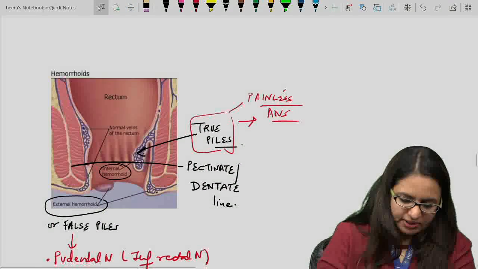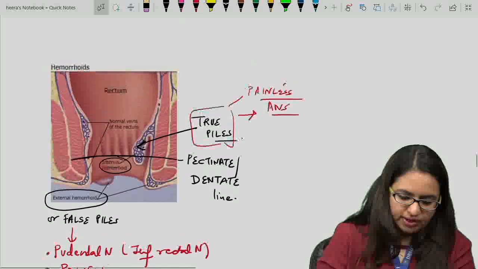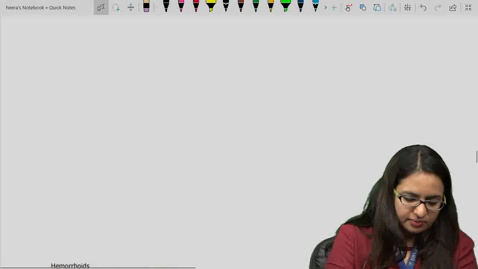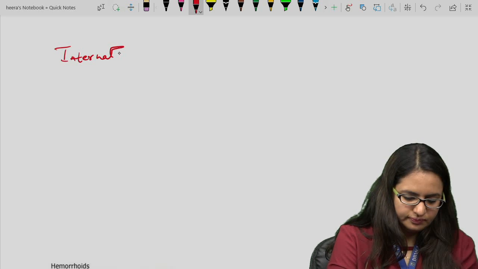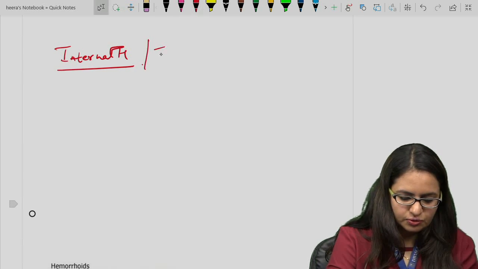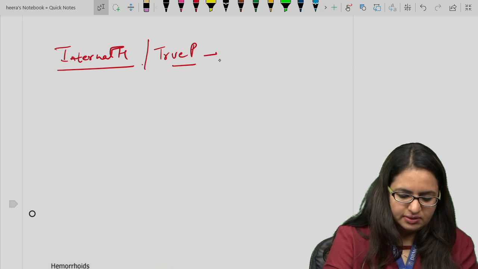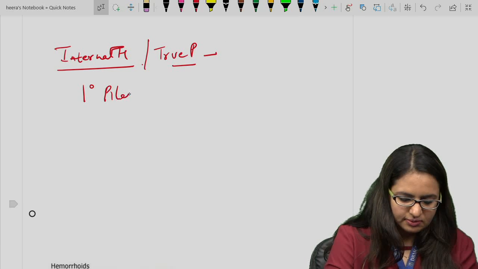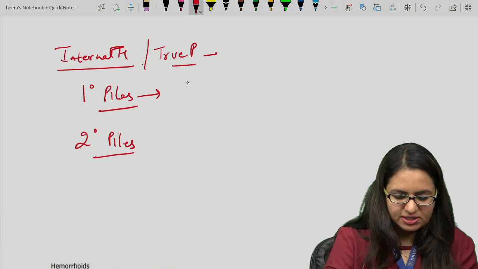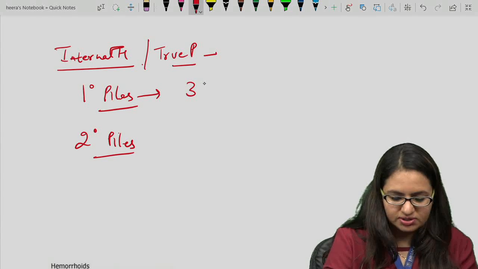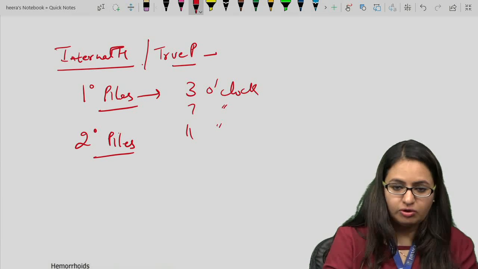Now, if we talk about the internal hemorrhoids or the true piles, they can be primary piles or secondary piles. The primary piles are specifically at three locations, that is the 3 o'clock, 7 o'clock and 11 o'clock positions.